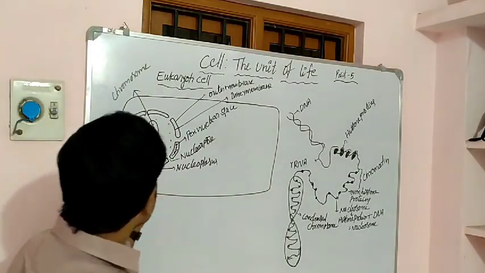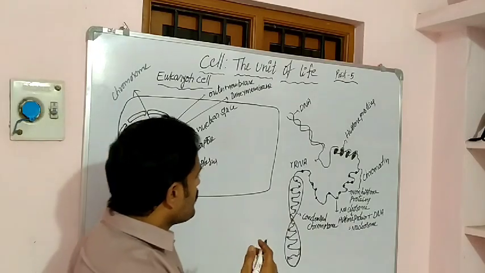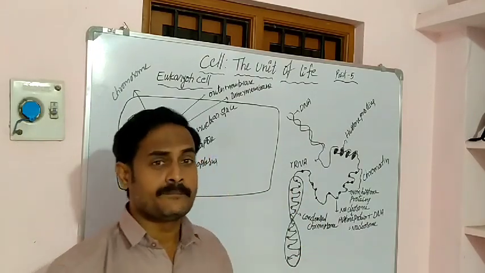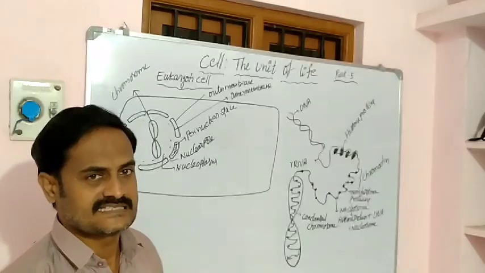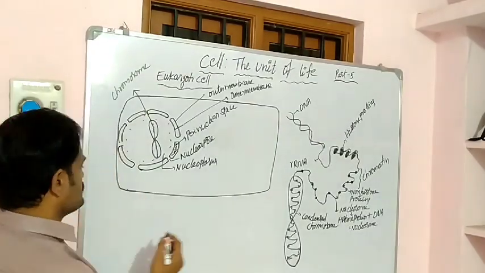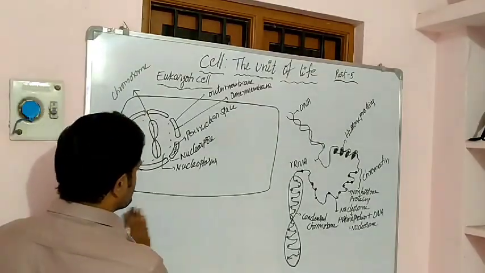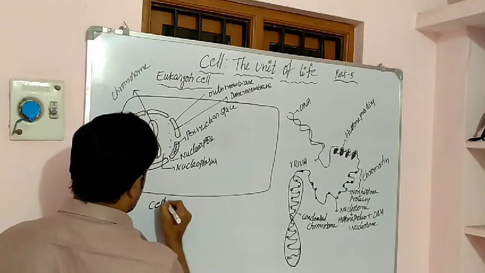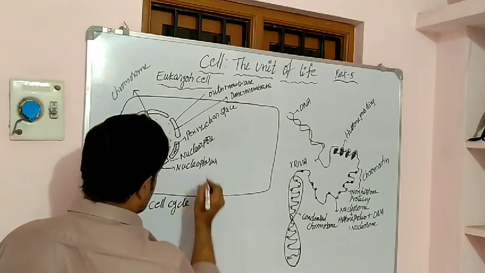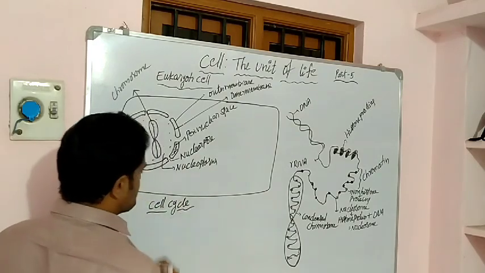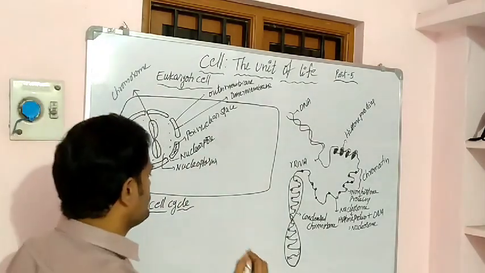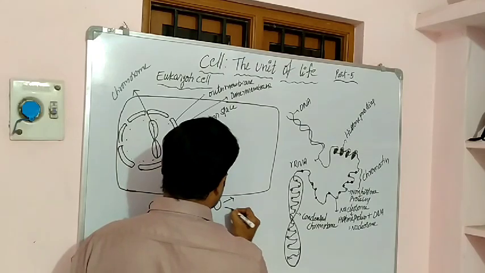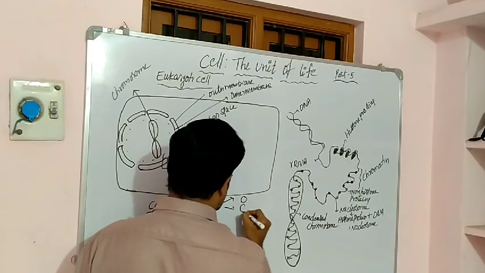Then we are going to see how the chromosome appears actually in the cell. For suppose when we observe the cell cycle, cell cycle means, for suppose one cell is divided into two daughter cells.